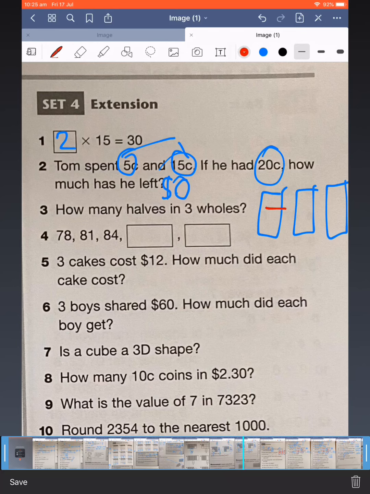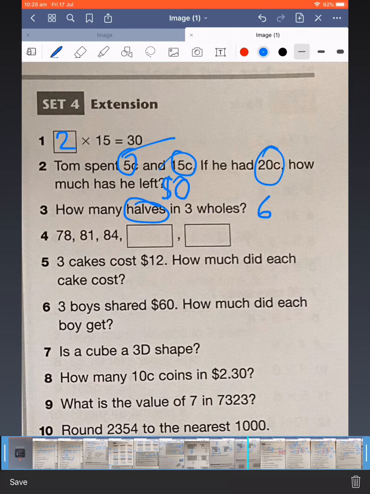So there are 2 halves in 1 whole. So if I have 3 wholes, I have 1, 2, 3, 4, 5, 6. I have 6 halves. So the answer is 6. I can also do that by going 3 times 2, because I know there's 2 halves in 1 whole.